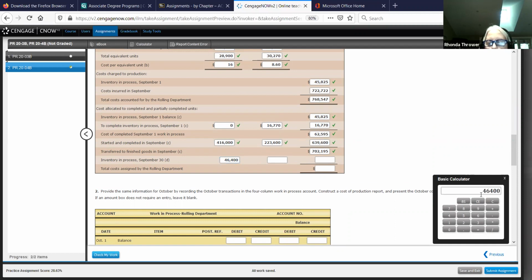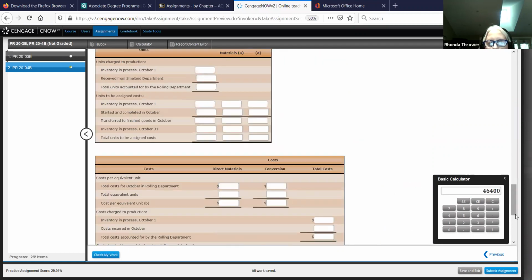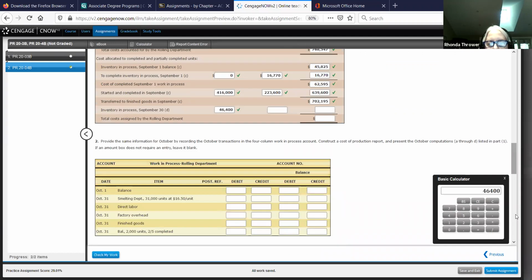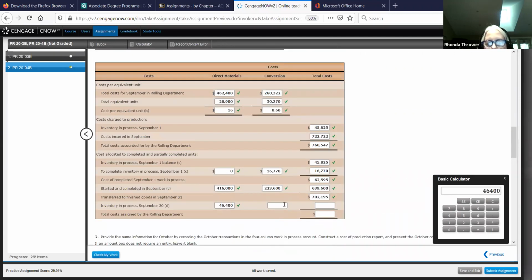Check your work. And since that's correct, we'll move on to our conversion cost for our ending inventory.